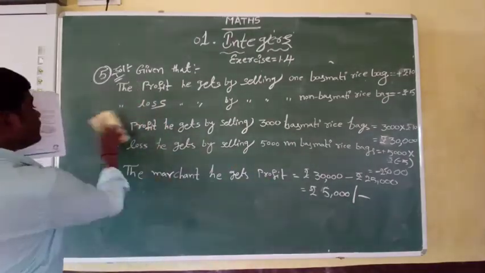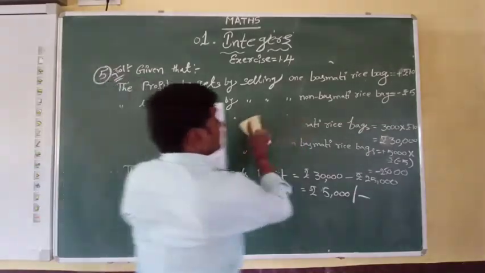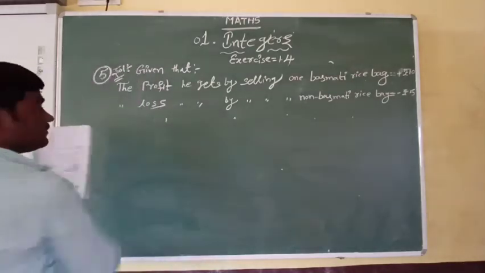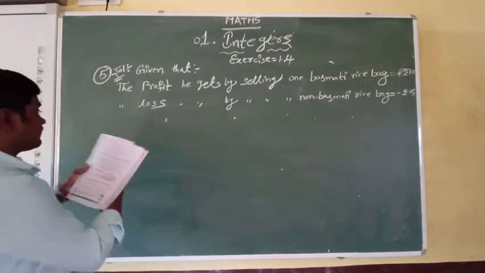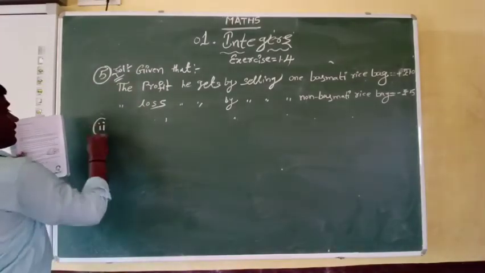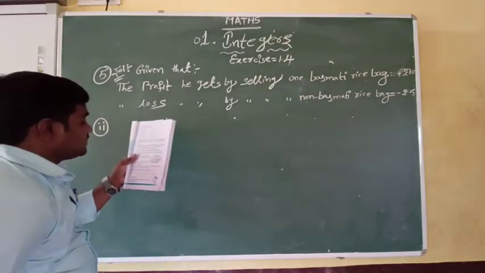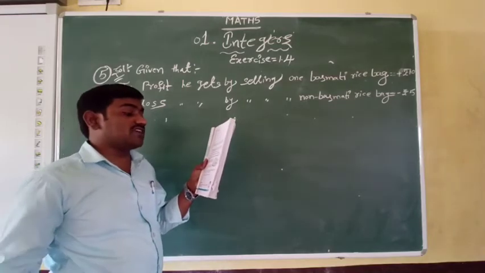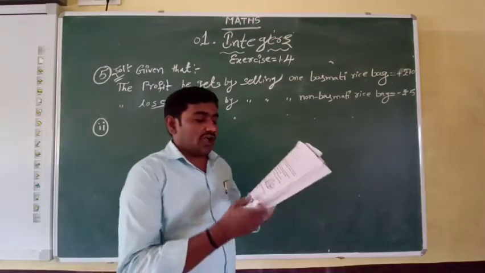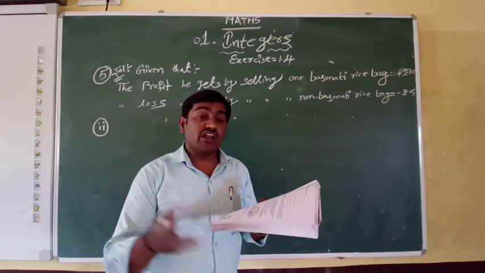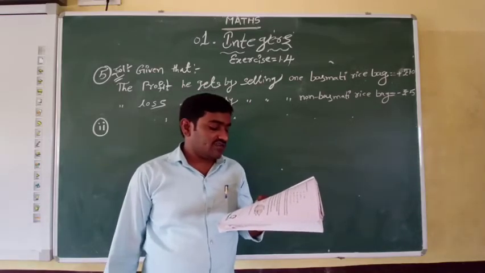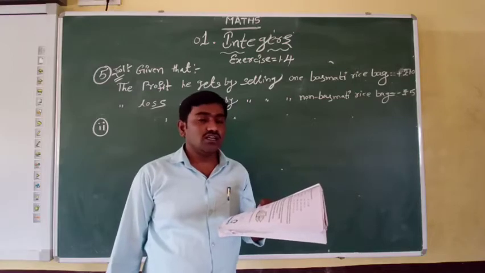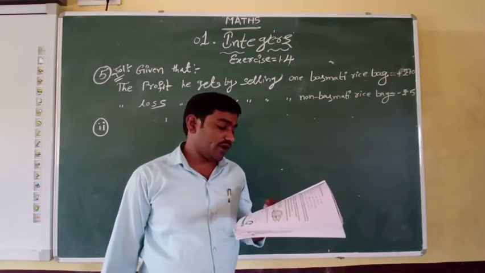So, see, the second question he asked, the second internal question, is: what is the number of basmati rice bags that must be sold to have neither profit nor loss, if the number of non-basmati rice bags sold is 6,400?